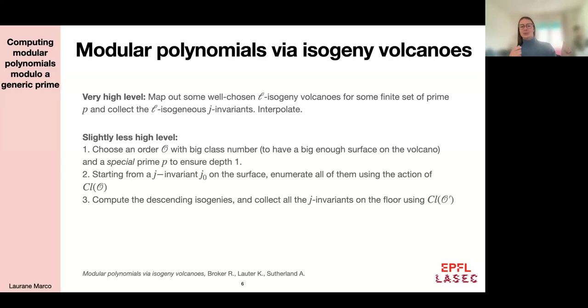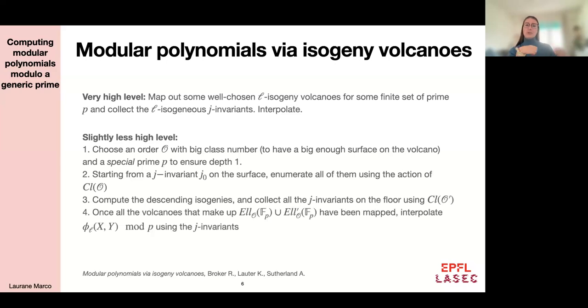So basically you do the same thing on the floor, you collect all the j-invariants, and then you have the relationships between all the curves that are in the volcanoes. You do that and map out all the volcanoes that make up the elliptic curves with endomorphism ring O over F_p, union the same thing with O'.